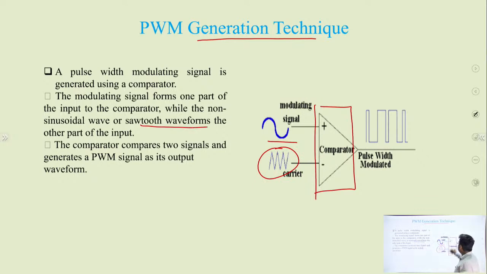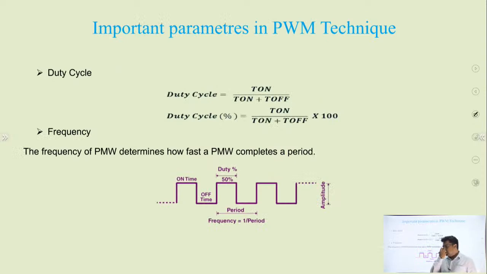After comparing this modulating or reference signal with the carrier signal, we feed it to the comparator. Accordingly, the gating pulse will be generated, and this gating pulse is used for controlling the inverter circuit.